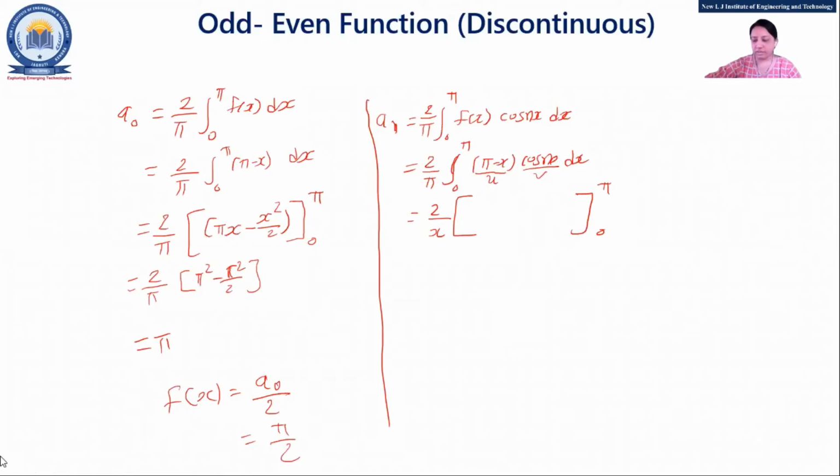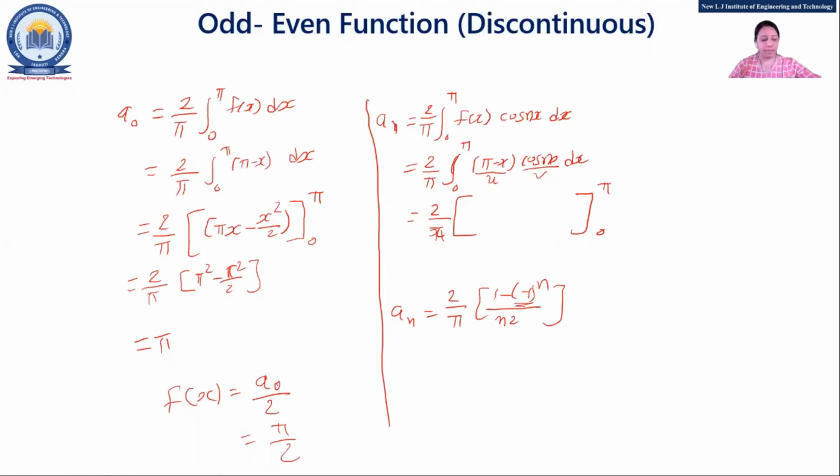So your final answer of an would be 2 upon pi, here pi is there, 1 minus minus 1 raised to n upon n square. The minus 1 raised to n is coming because of cos n pi. Whenever there is a cos n pi, you have to take minus 1 raised to n.